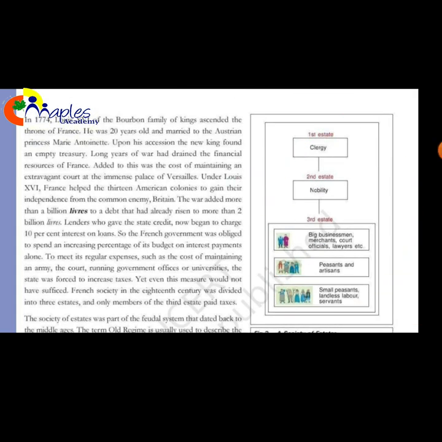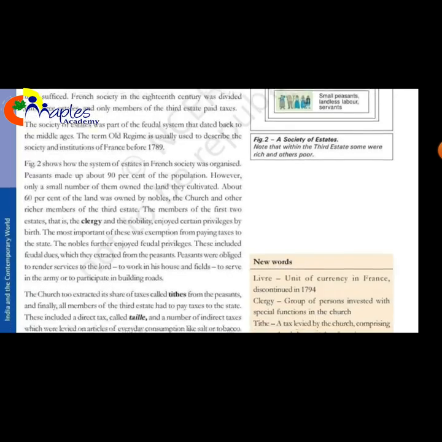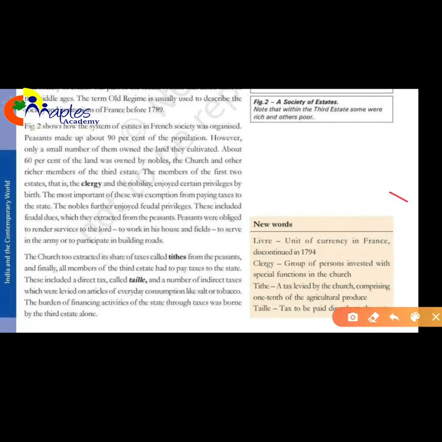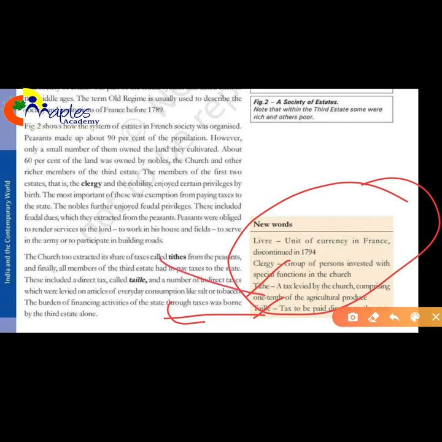Only the third estate had to bear the taxes. There were two types of taxes: tithe, which was 1/10 of agricultural produce, and taille, which was to be paid directly to the state. We have discussed that, so it must be clear to you all till here, and we will meet in the next video. Thank you. Bye bye.